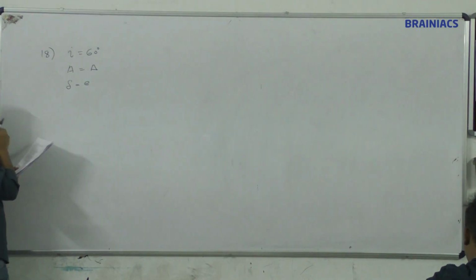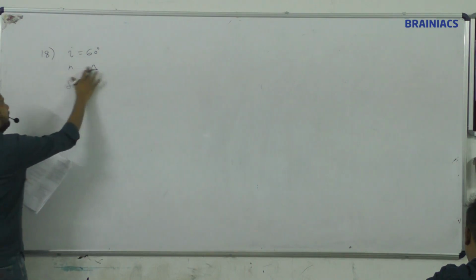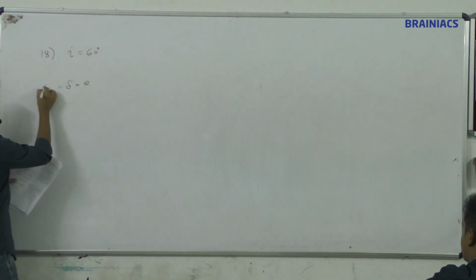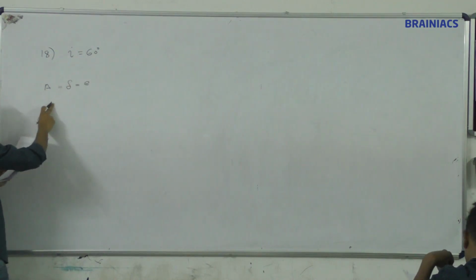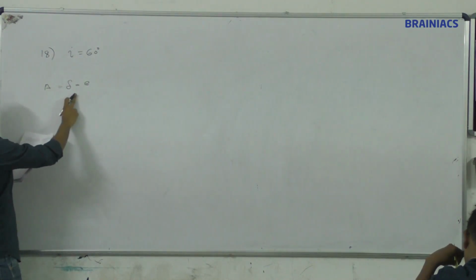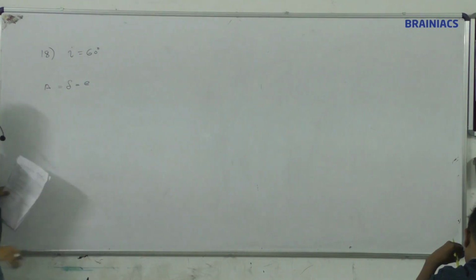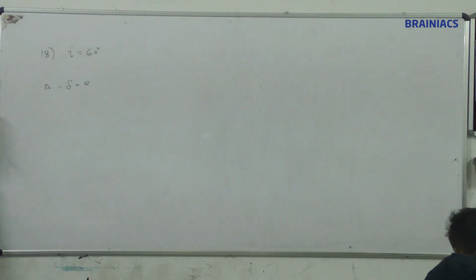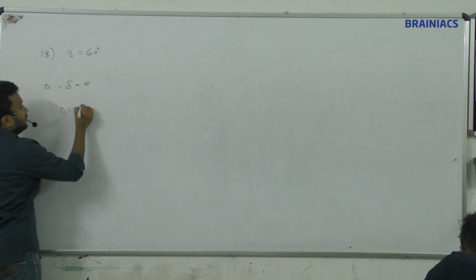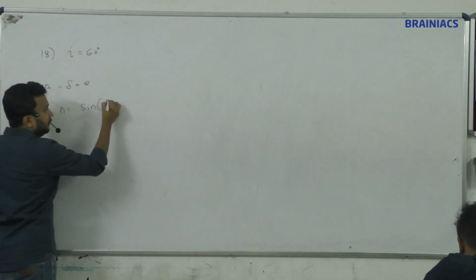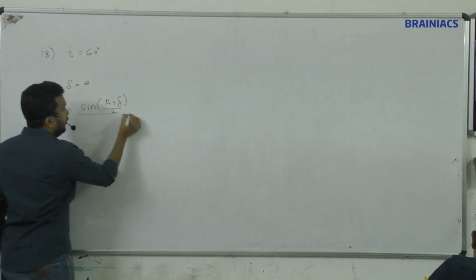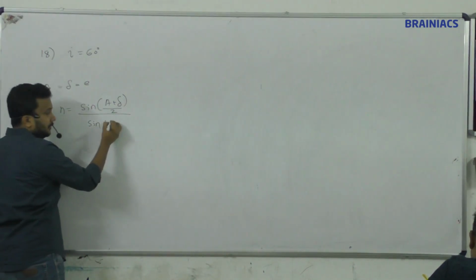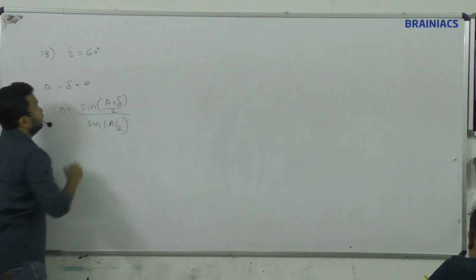So all these three are equal. Now the refractive index of the prism n is equal to what? Sine of (A plus delta) divided by 2, whole divided by sine of A by 2.